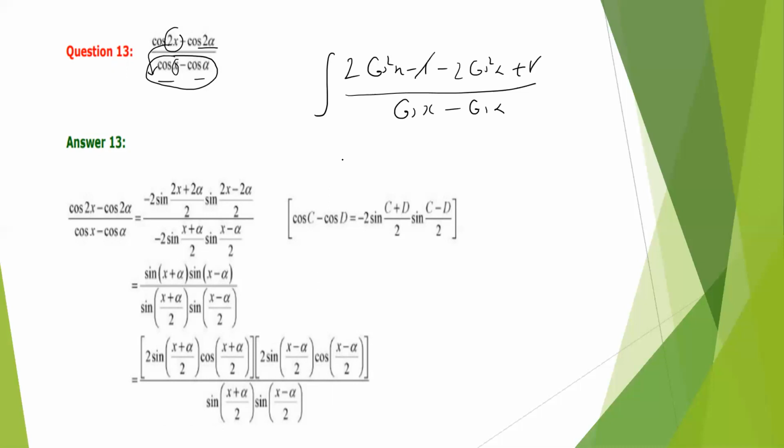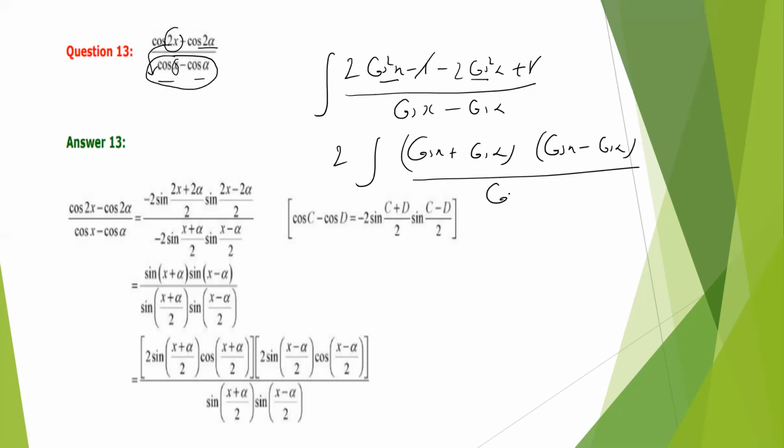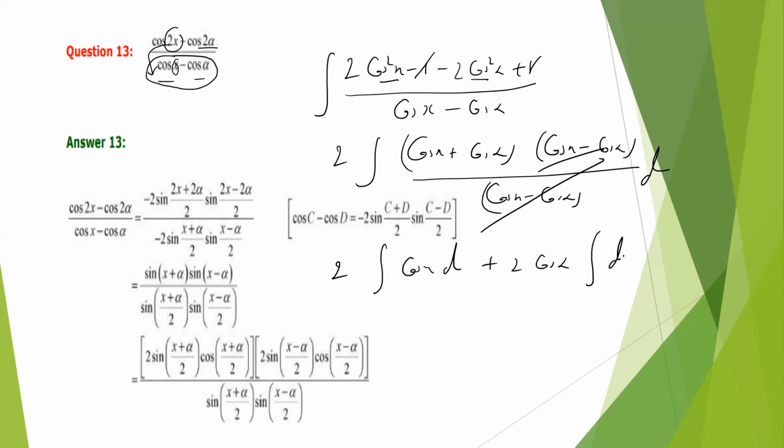This 1 cancels, 2 common, a square minus b square, cos x plus cos alpha, then cos x minus cos alpha divided by, so this part is cancelled. Now easily you can integrate 2 cos x dx, 2 cos alpha is constant. Now integration is 2 sin x, 2 cos alpha, and integration of 1 is x. So this is the answer.